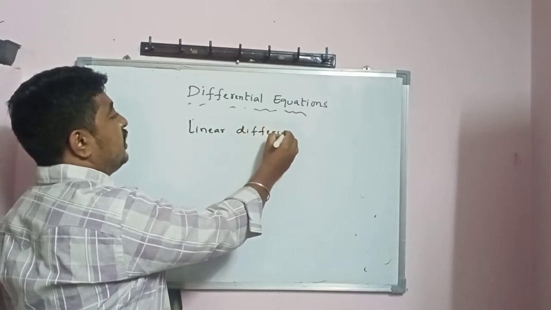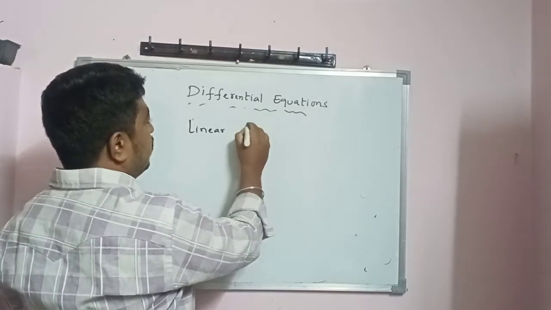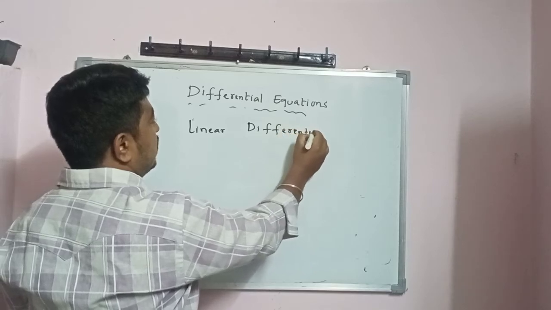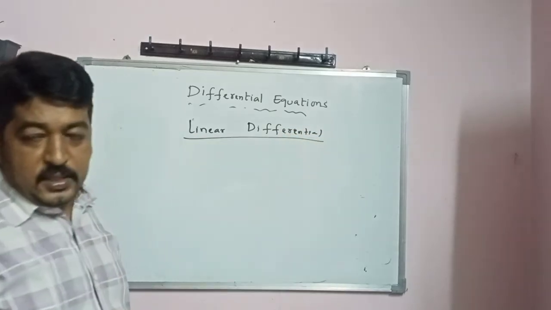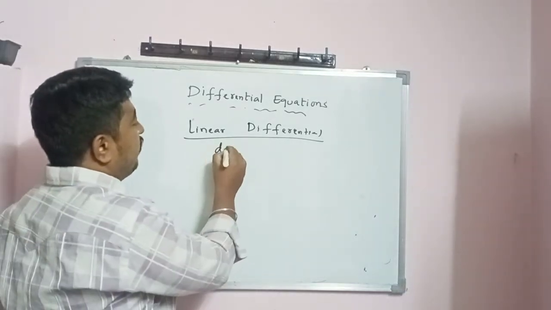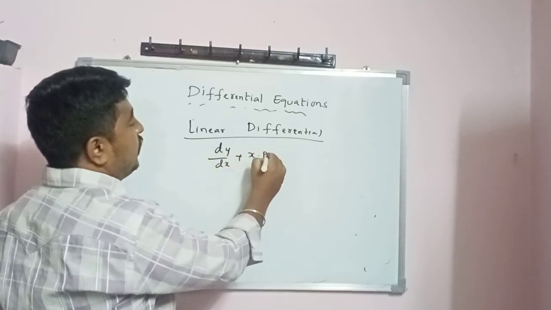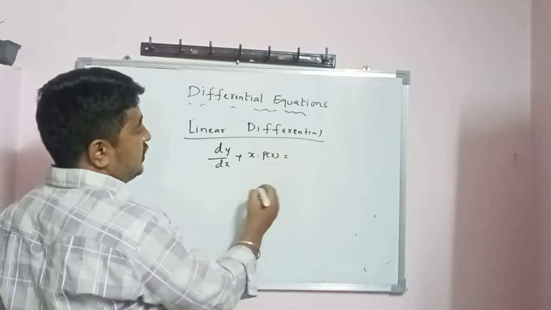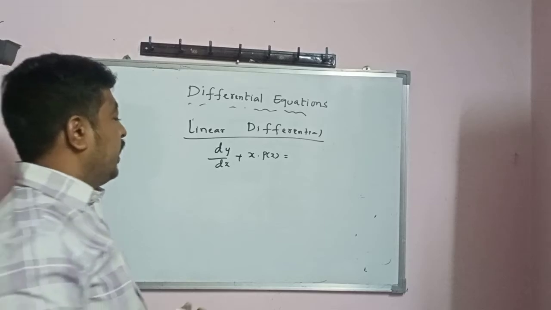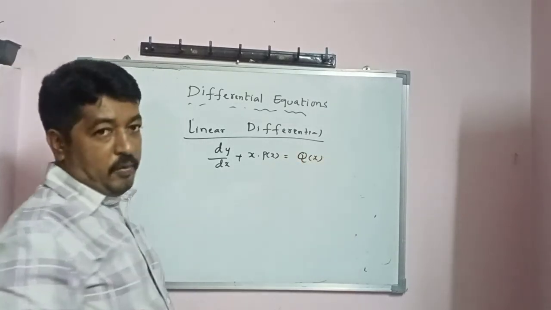Here, first we take dy by dx plus y into p of x equals q of x, that is, dy by dx plus P of x into y equals Q of x.